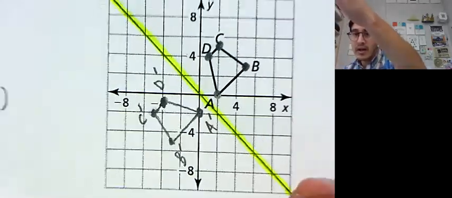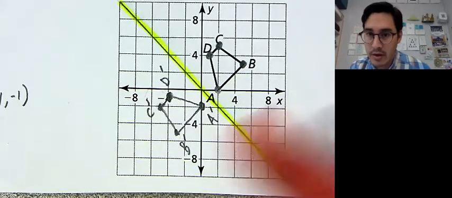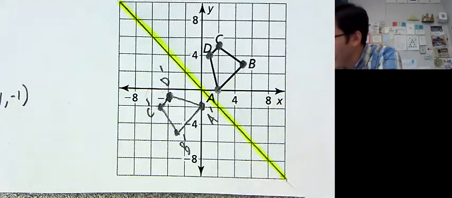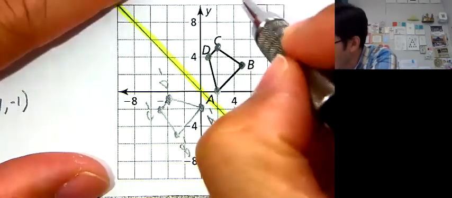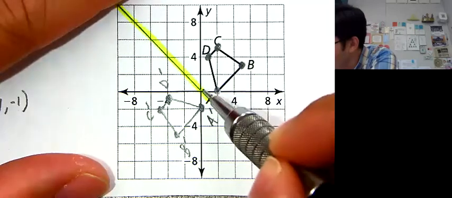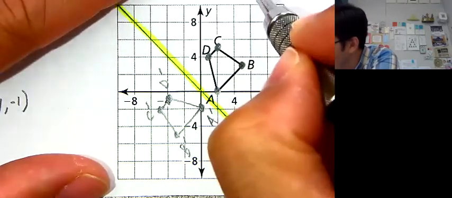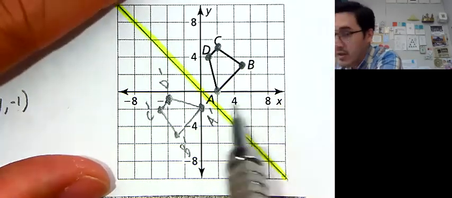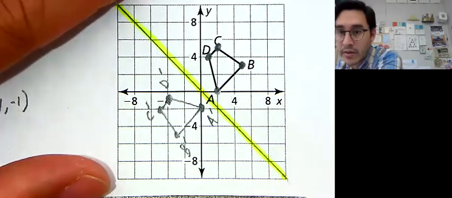All right, let's look at how the coordinates compare for this type of reflection. Okay, so let's pick point C. Okay, so point C has coordinates 2 and 5. Notice the scale here is 2, 4, 6, 8, 10, so it's going by 2s.